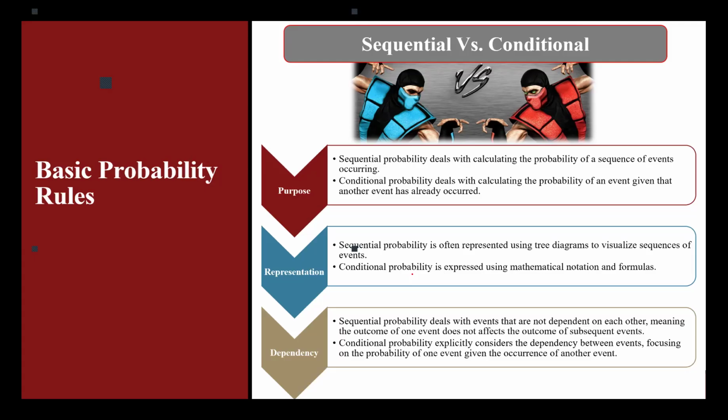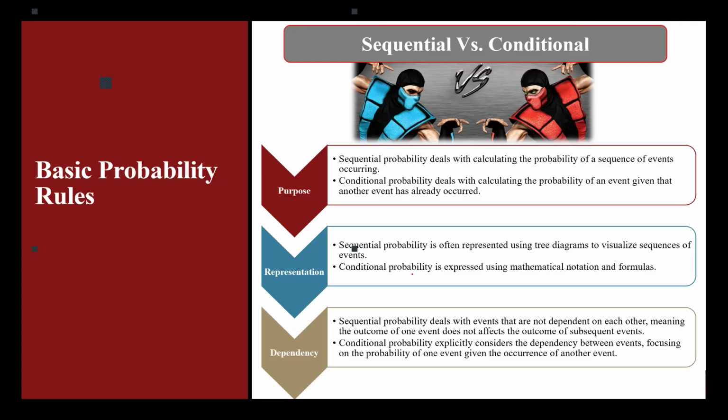For conditional probability, we calculate the probability of an event when we know the other one happened. For representation, for sequential probability, we use a tree diagram. For conditional probability, we normally use the mathematical notation. You can use the Venn diagram, but mathematical notation is also good.